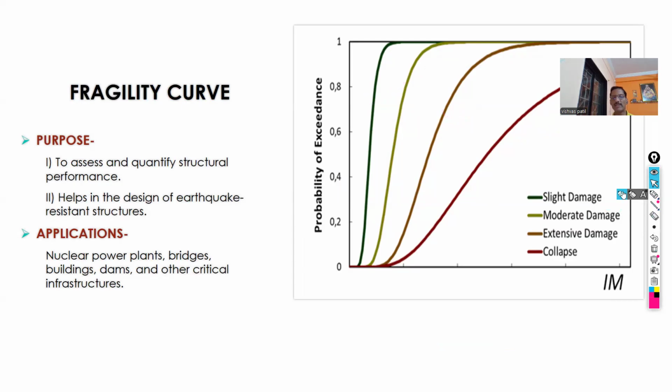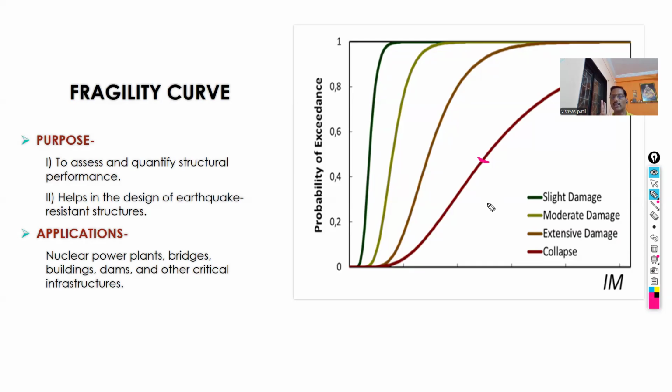Now to develop this fragility curve, there are 2 things. One is the center point of the fragility curve, which is called the median value of the damage state. Second is the slope of the fragility curve, which is called the standard deviation. So the median value lambda, and second the slope value beta.